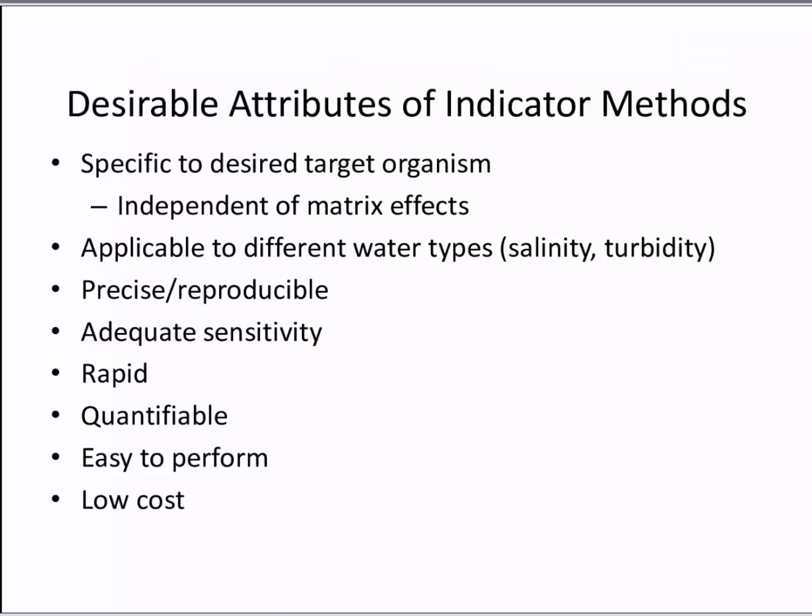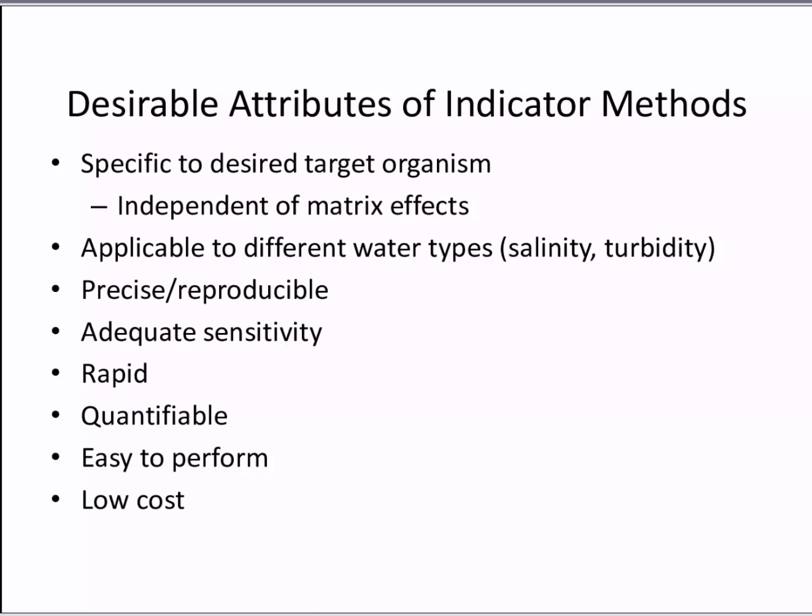All right, so here are the desirable attributes of indicator methods. We want the methods to be specific to the desired target organism, independent of matrix effects. We want them to be applicable to different water types.